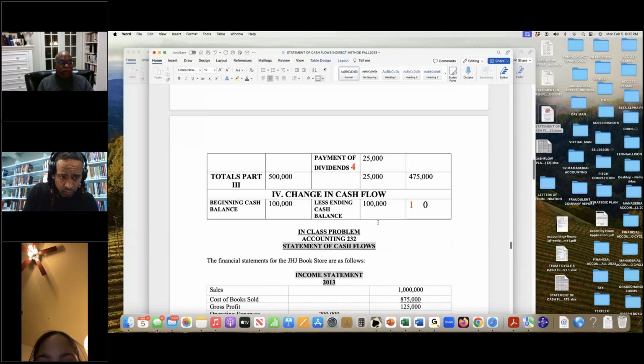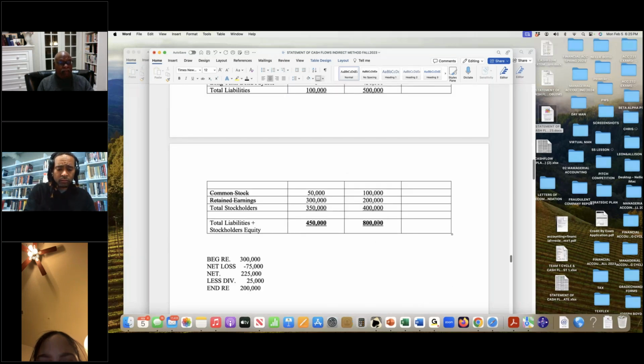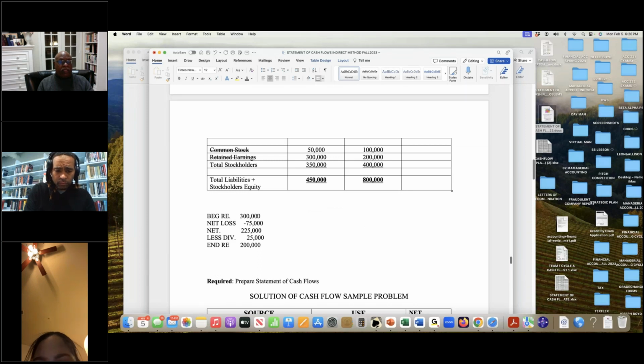Now, the beginning retained earnings is 300,000. We had a net loss of 75. Our ending retained earnings of 200. So we backed into 25,000 being the dividend. What amount of money would produce a dividend? So that was the question mark.